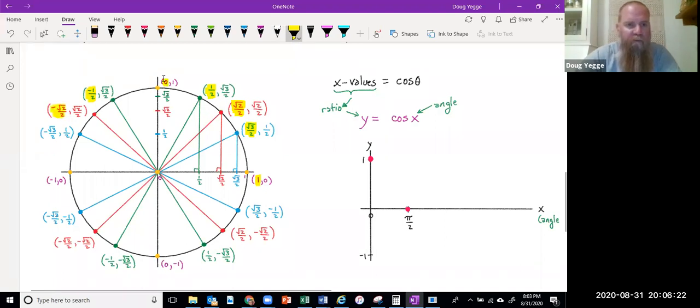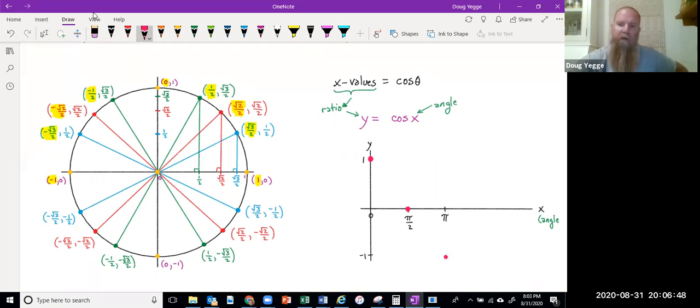And they keep getting smaller in the negative direction, so that by the time I get to an angle of pi, my ratio is now -1. So keeping in mind, pi is the same distance away as 0 is from pi over 2. And so at pi, I'm going to plot my ratio of -1.